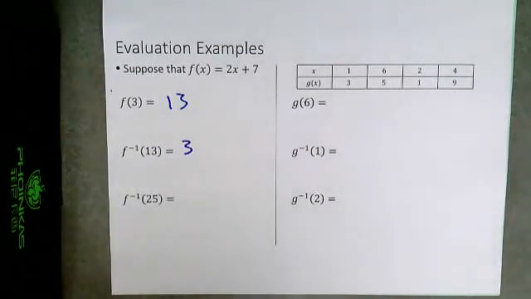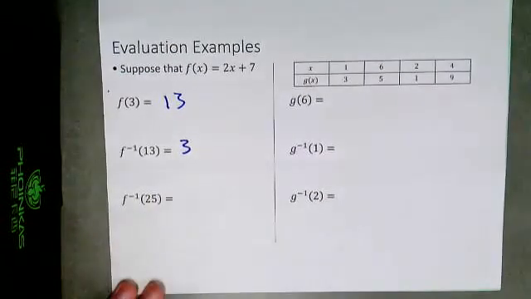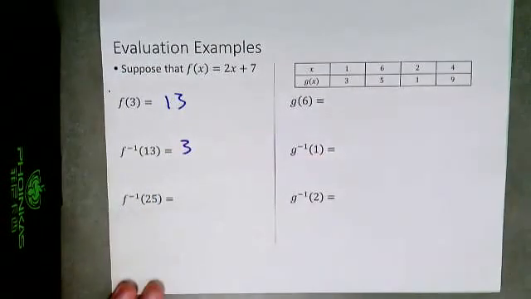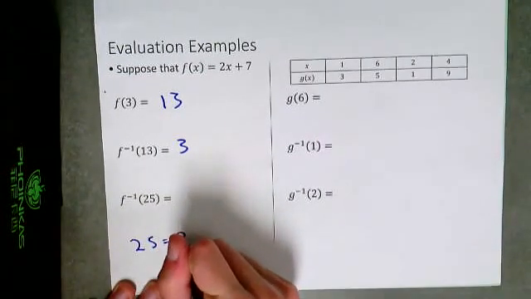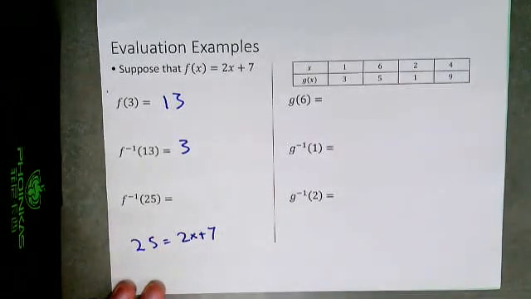So what about f inverse of 25? Well, we could write down explicitly the inverse function if we wanted to, or know that this is the output of our original function, right? And then solve 25 is equal to 2x plus 7.